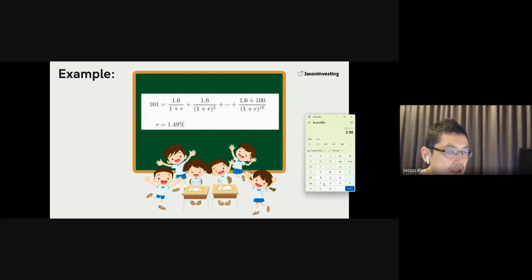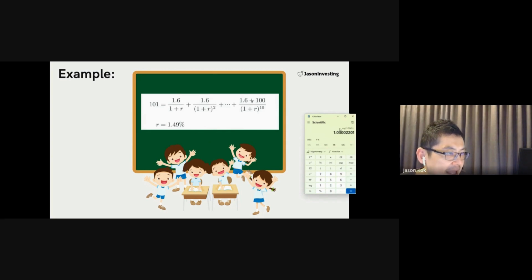For example, 1.6, you divide it by 1.0149, so it will be 1.58. It will be less than 1.6. And the subsequent coupon will be discounted even more because you divide by 1.0149 squared, which is discounting by a bigger value.